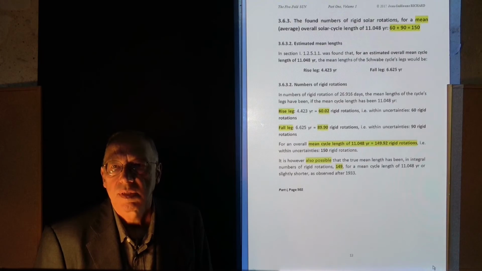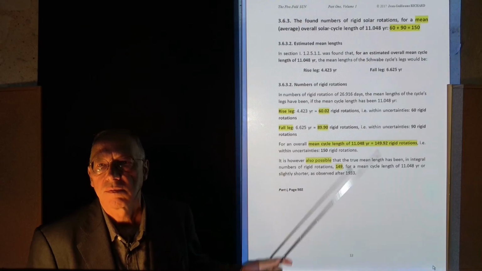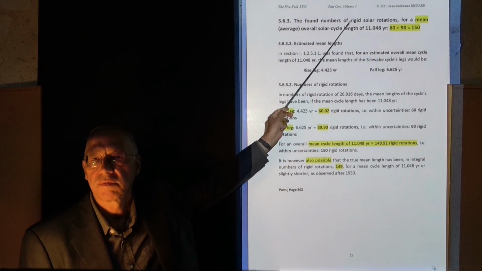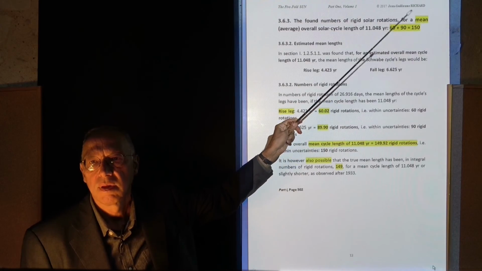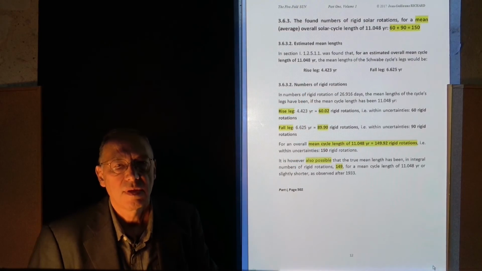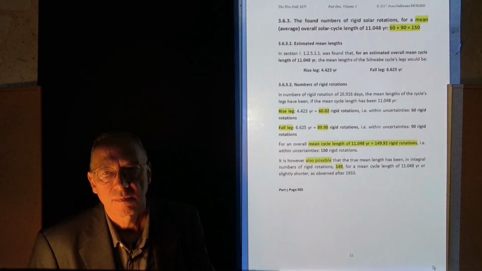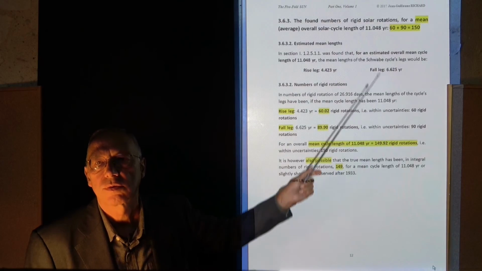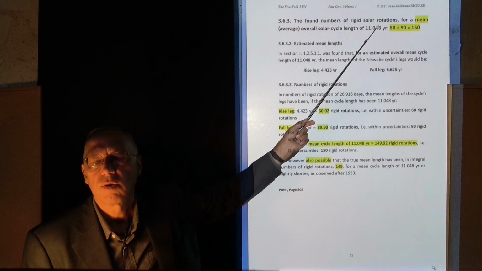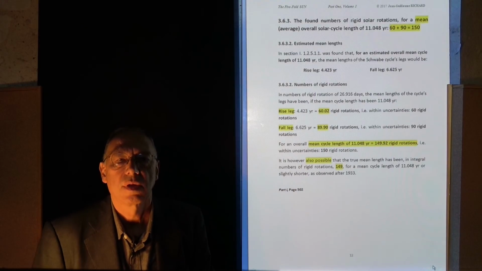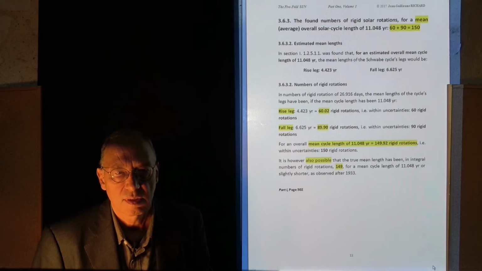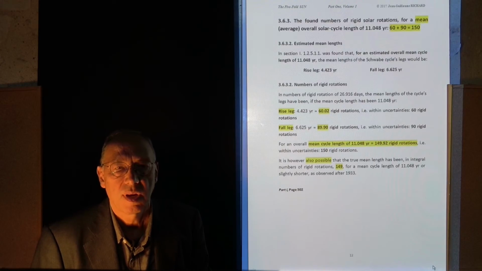But skepticism will maybe increase or decrease when you will consider now the numbers of rigid rotations of the solar ball for the mean value of the solar cycle length. Here we use 11.05. This value was determined in section 1 for the mean length.